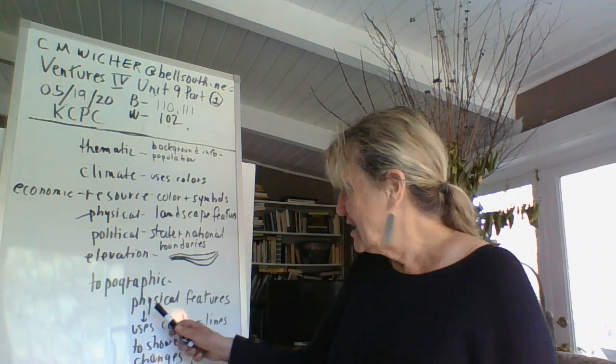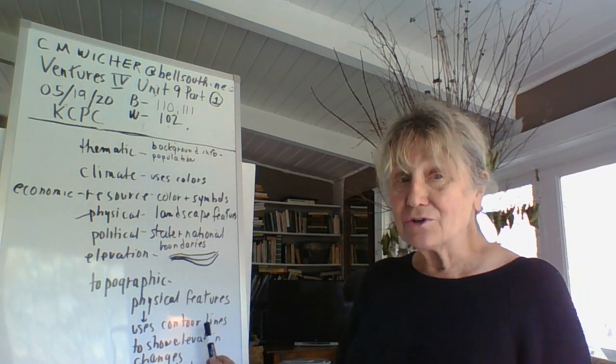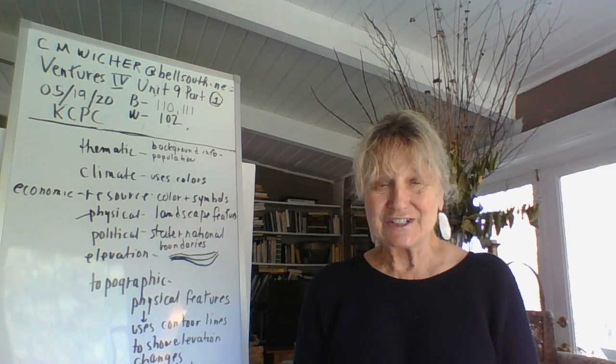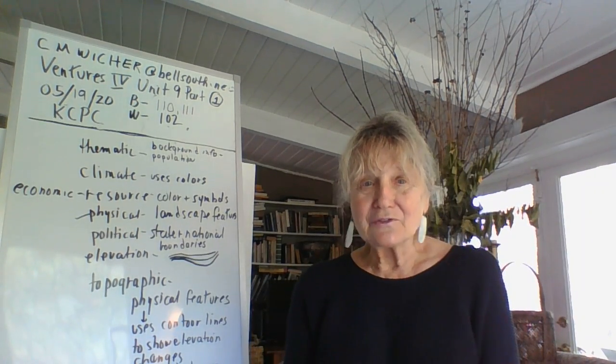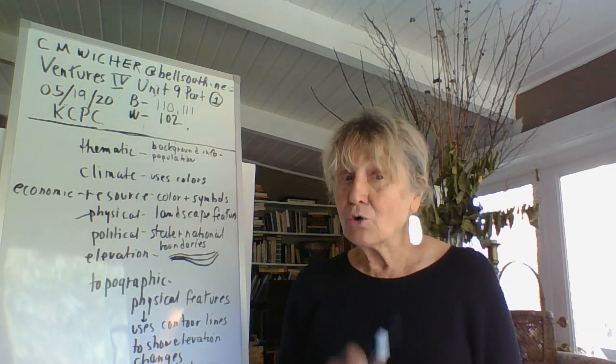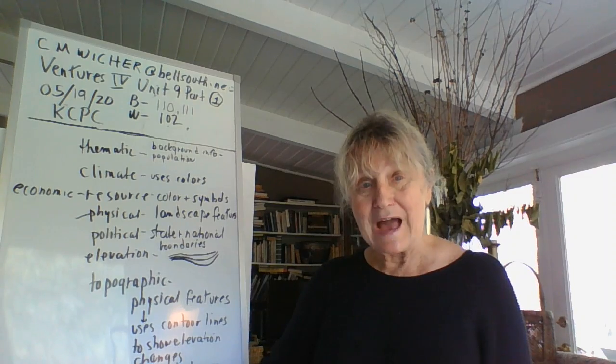It shows the physical features, and it can also show contour lines to show the elevation changes. The last kind of map that we use most often, or used to use until we got GPS, was a road map.